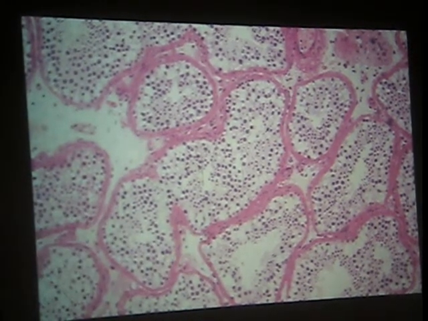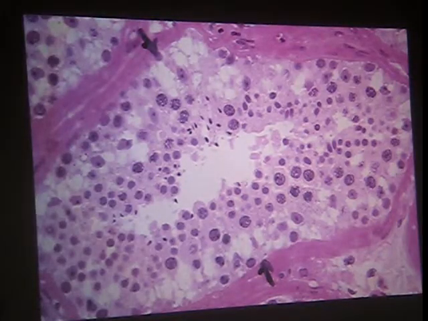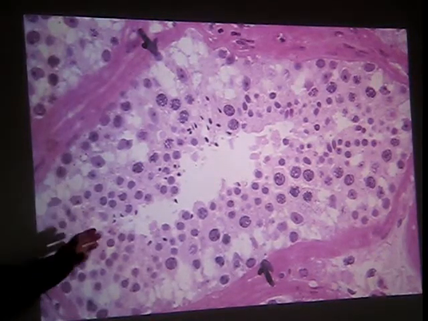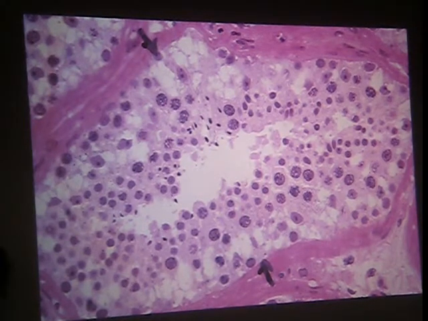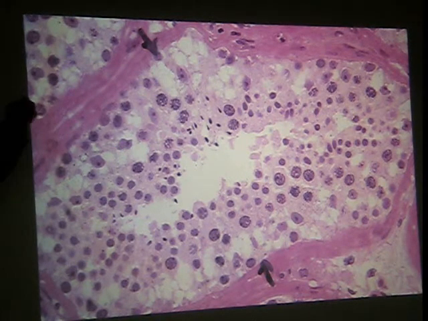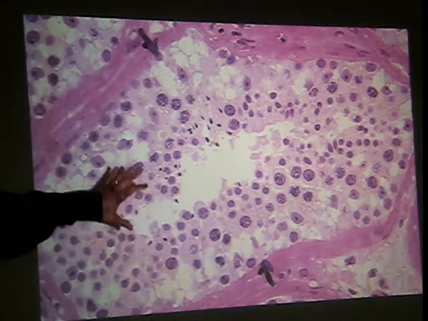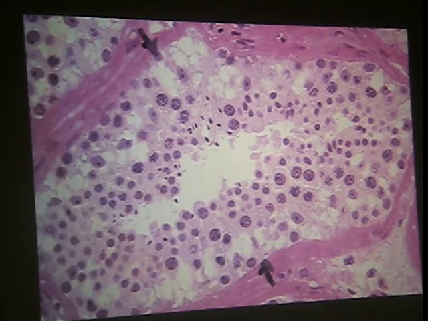More difficult to see are the Sertoli cells, which are very, very important because they provide that blood-testis barrier and all sorts of nutritive functions, as well as crank out androgen binding protein, which keeps the testosterone produced by interstitial cells of Leydig in the vicinity so you can have spermatogenesis going on. All right?